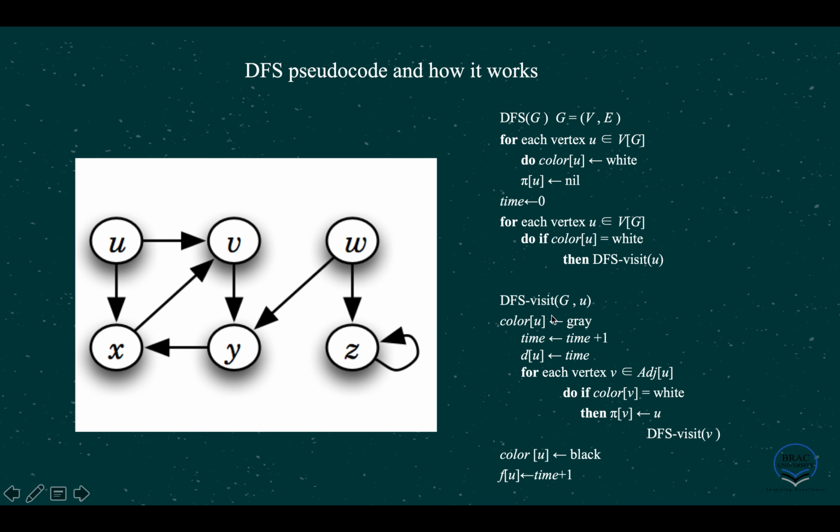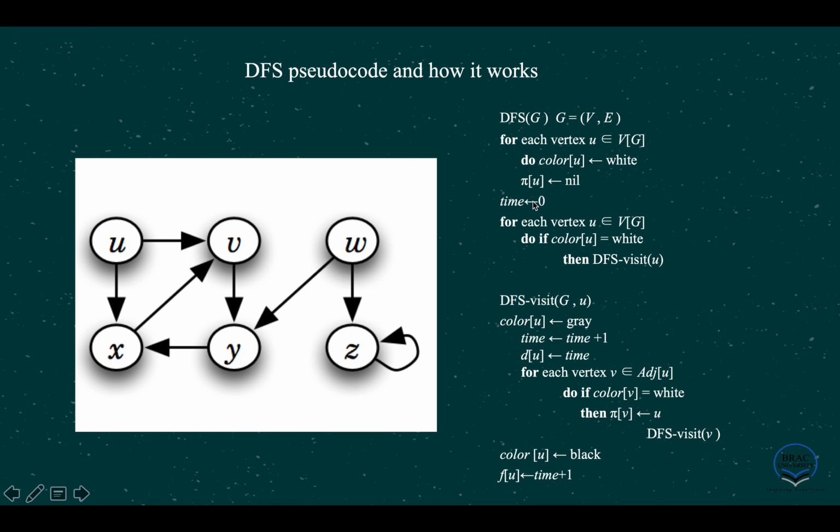To do that, we call a for loop. We wrote for each vertex U that belongs to our graph G, we color U white. So we color all the vertices of our graph white.